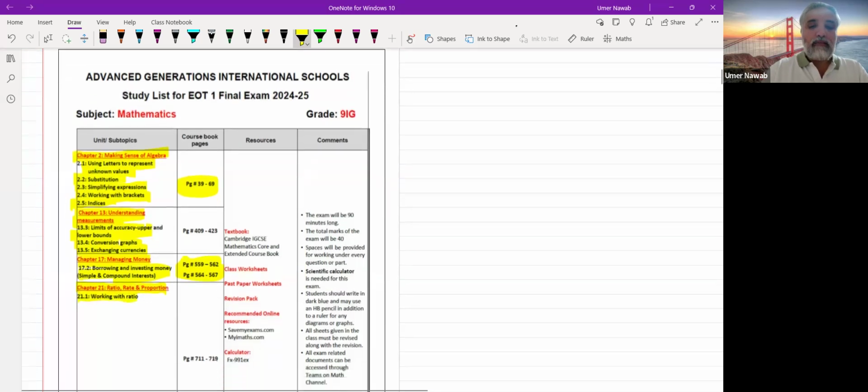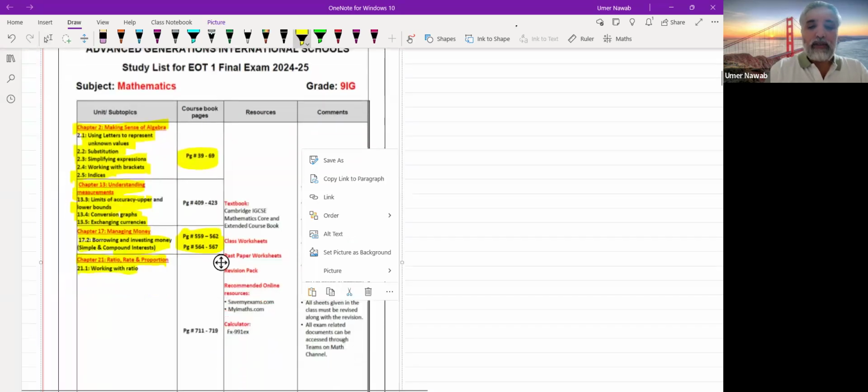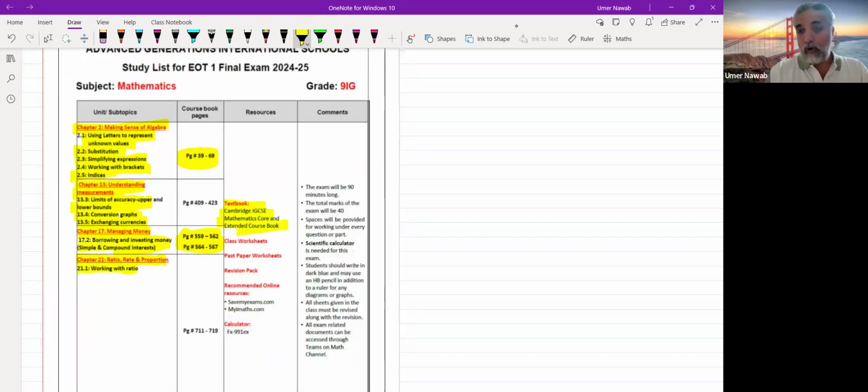Okay, as you can see, what are the resources required? Textbook. You already have that textbook. Classwork worksheets. You remember in your portfolio, the sheets which are given, especially past paper questions, are very important. Revision pack is important.